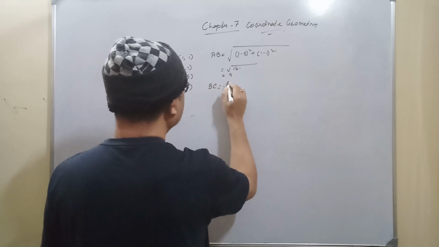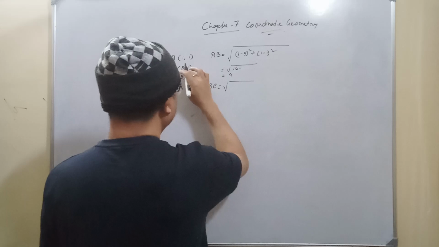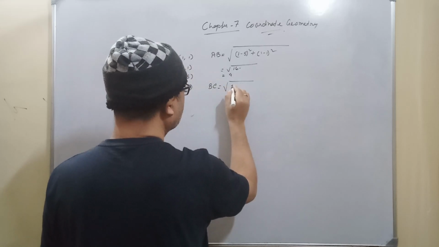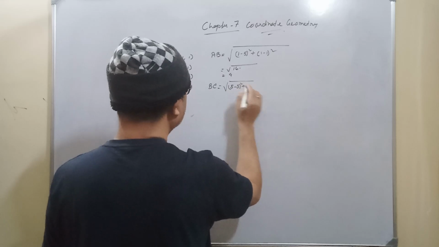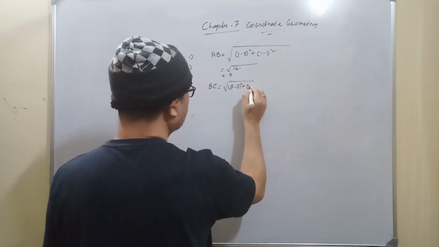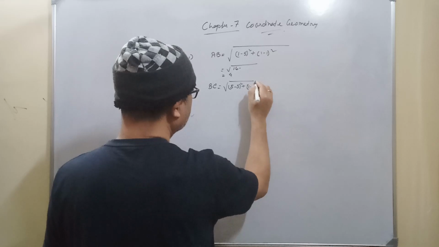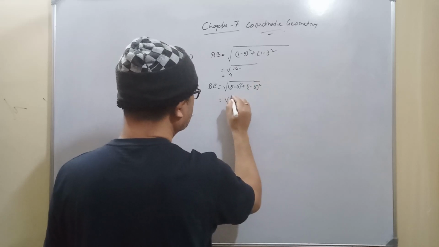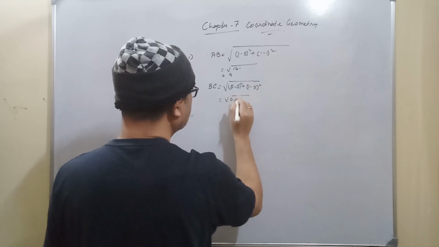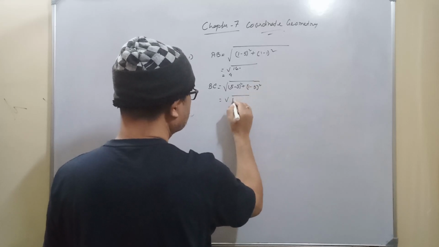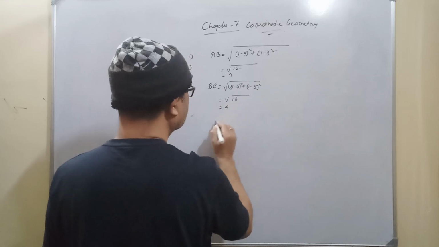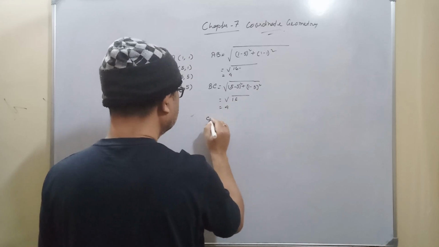BC is (5 minus 5) square plus (1 minus 5) square. This is again equal to 0 plus (1 minus 5 is minus 4) square is 16. Again this is 4.